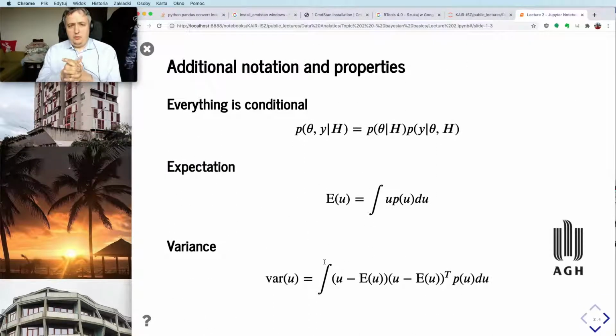What we need to know are additional aspects of notation. First of all, generally, we might not be writing it all out, but every probability is conditional in the Bayesian framework, because every probability assignment that we have is conditional on certain knowledge that we have.